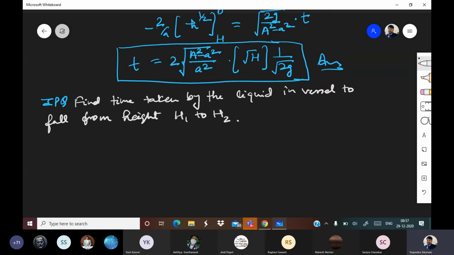So basically the question is saying that initially the height of liquid in the vessel was h1 and in how much time it will become h2. You need to give the answer to this question. Please solve and give me the answer. I am telling you the question is easy. You can easily get the answer.